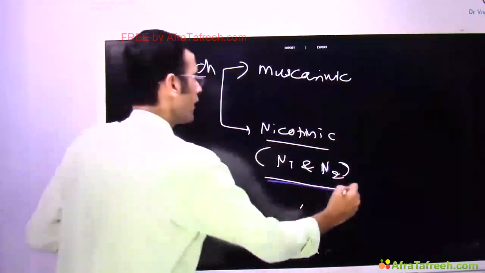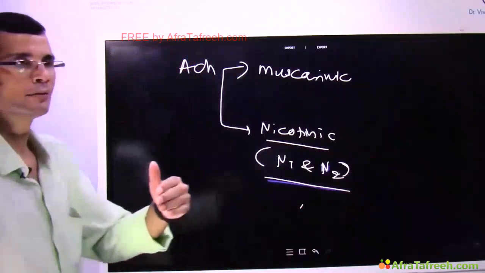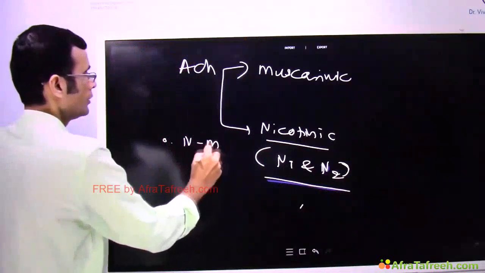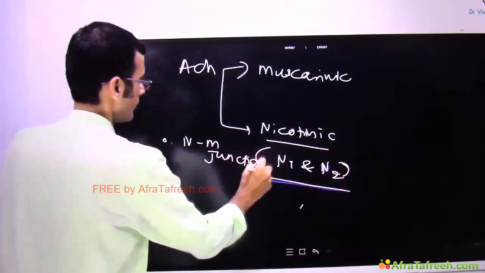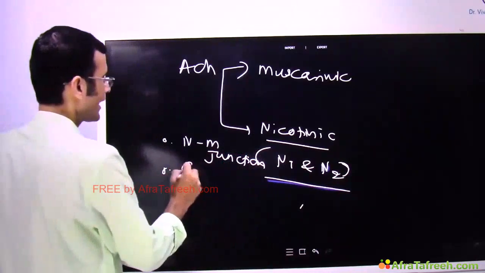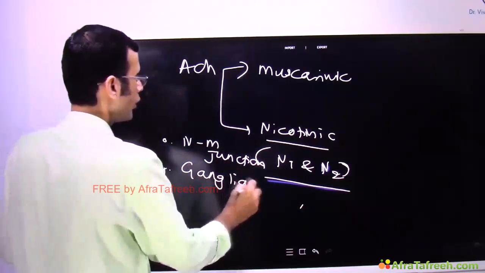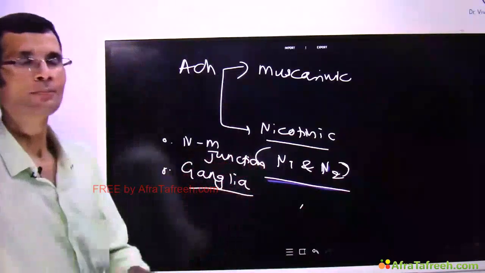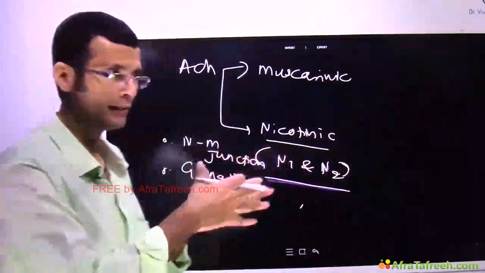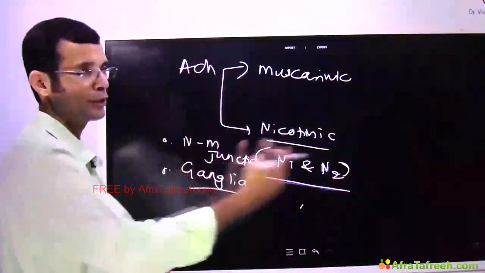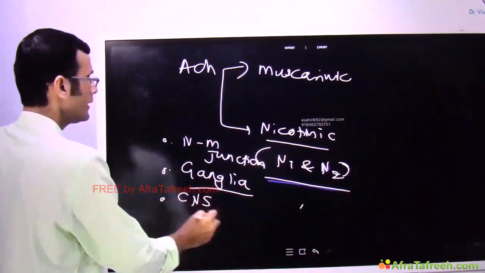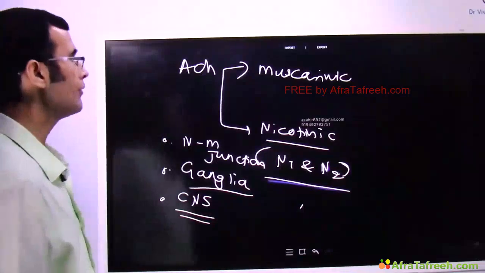Nicotinic transmission is present at three places: the neuromuscular junction, which has nicotinic receptors for acetylcholine; the ganglia, meaning all the ganglionic transmission, whether sympathetic or parasympathetic, which we have seen is cholinergic, so it's nicotinic receptors in the postganglionic neuronal membrane; and the CNS neurons. These three places have nicotinic receptors.